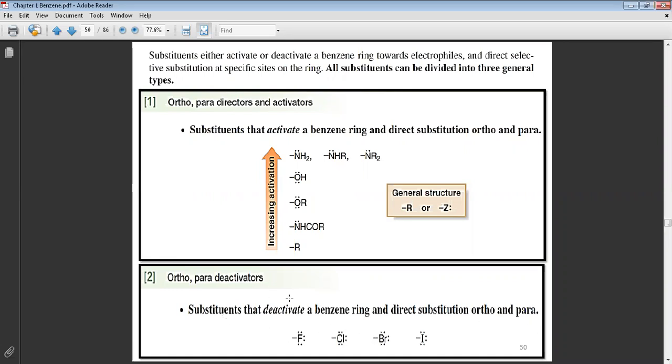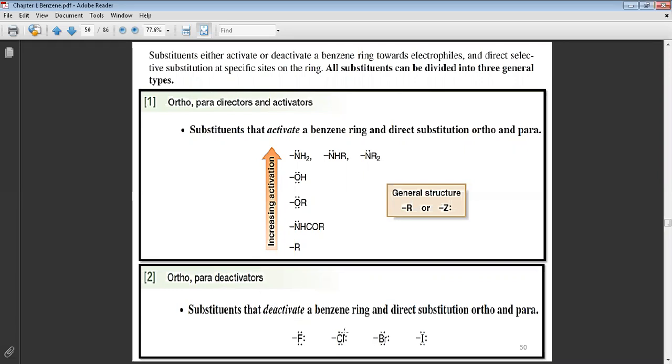We said before that the halogen group deactivates the benzene ring by which effect? Inductive effect. The halogen has resonance too, but the strong one is the inductive effect, so it deactivates the benzene ring. For this reason we say the halogen is a deactivator.